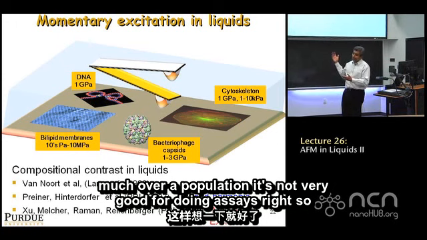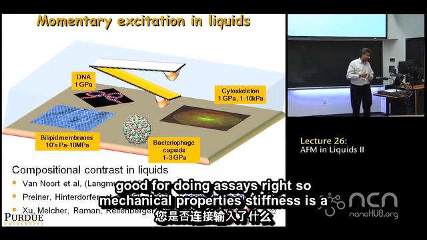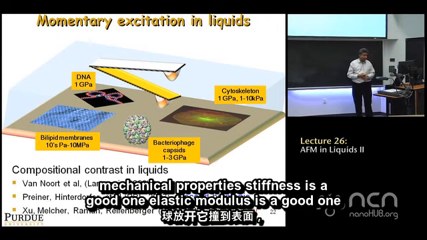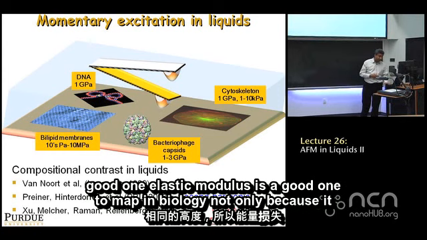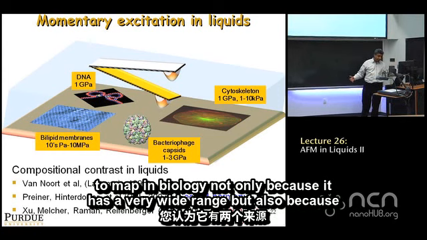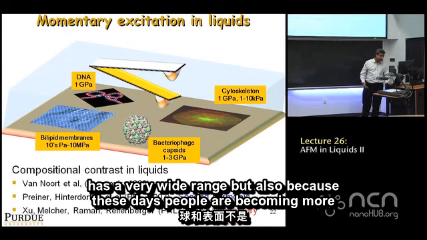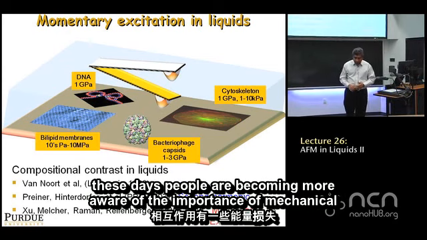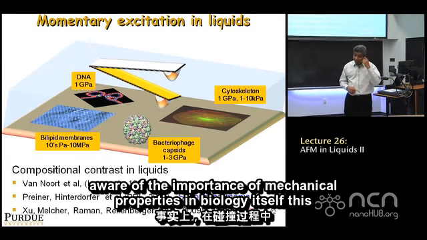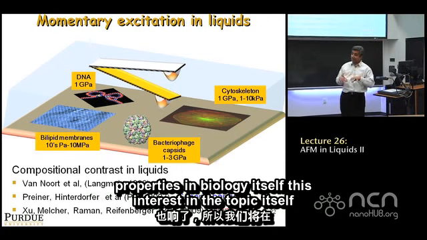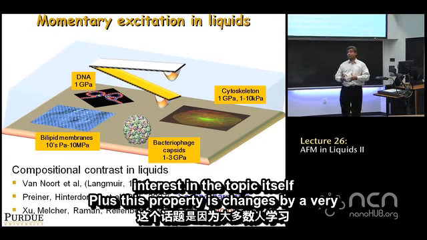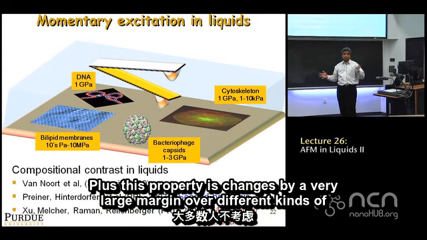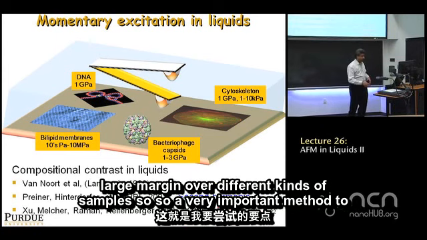So mechanical properties, stiffness, elastic modulus are good ones to map in biology, not only because they have a very wide range, but also because these days people are becoming more aware of the importance of mechanical properties in biology itself. So there's interest in the topic itself, plus this property changes by a very large margin over different kinds of samples.